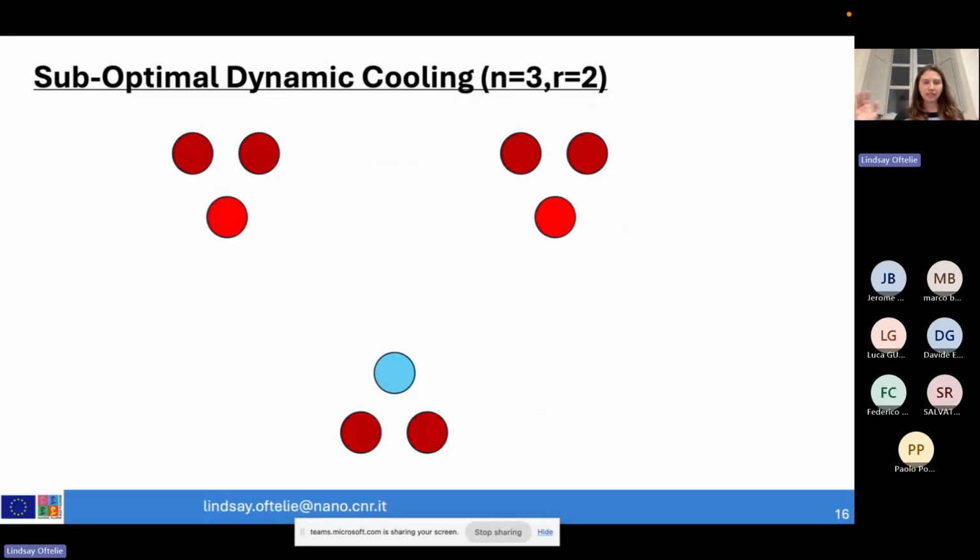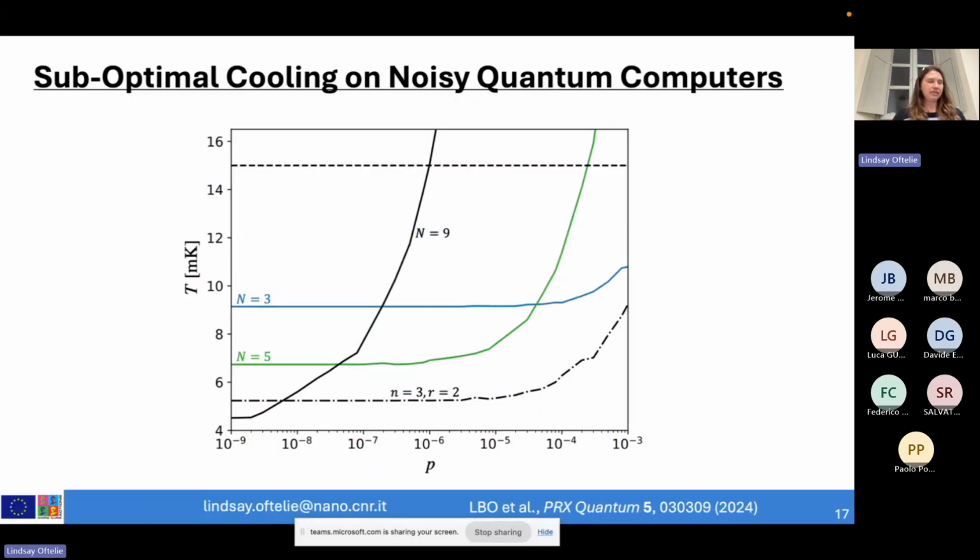And because the circuit size grows exponentially with n, performing 4 3-qubit circuits is much, much less complex than 1 9-qubit circuit. And this can be very nicely shown, again, with these noisy quantum simulations.